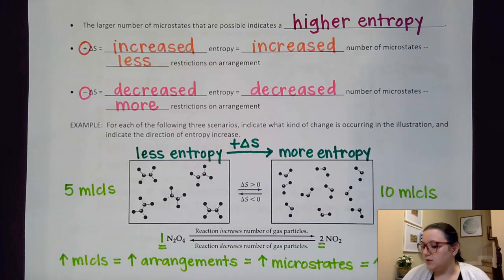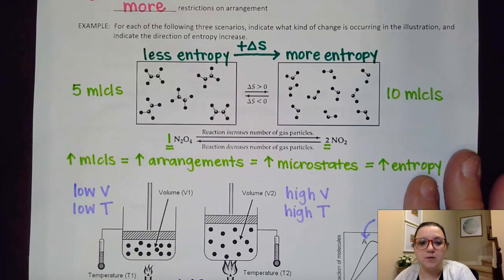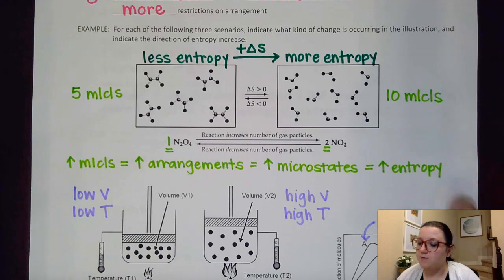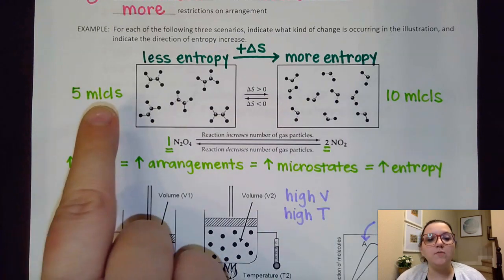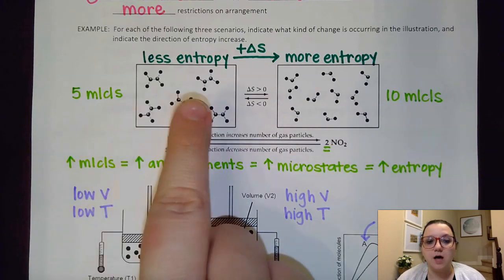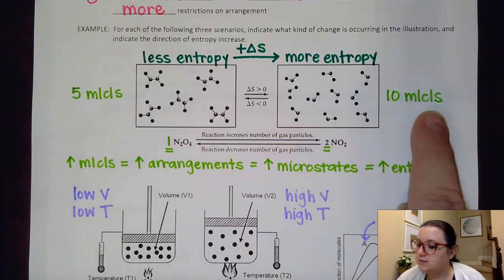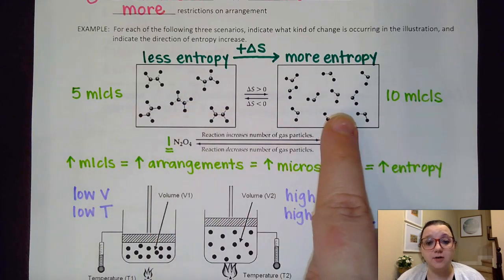So we have down here a couple of scenarios that are pictured, and what they want us to do on each of these is to indicate what kind of change is occurring and also indicate the direction of entropy increase for each of these processes. So on this first process that's pictured here, we have a reaction where I'm going from 5 molecules of a particular gas to 10 molecules of a particular gas.